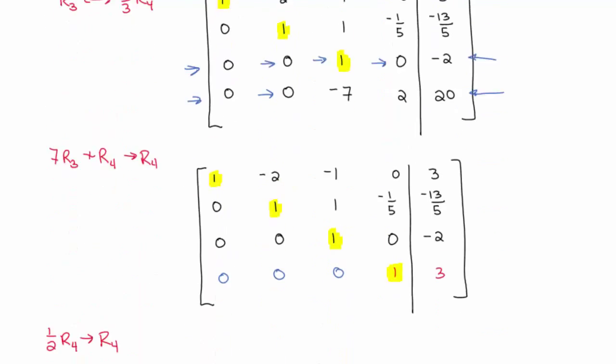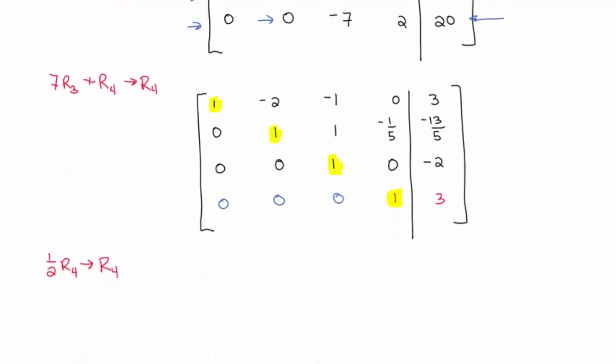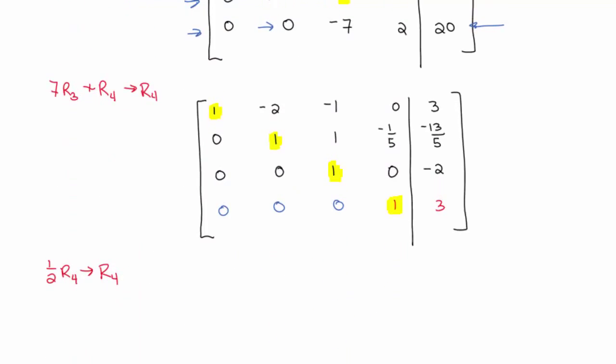And you could do this in any order, but I have a habit at this point of starting where I just ended, at this 1 that I just created, and I'm going to use that 1 to kill everything above. Luckily, there's not much to kill above. And then once I'm done there, I'll use this 1 to kill everything above. And once I'm done there, I'll use this 1 to kill everything above. All right. Seems like a lot, but it's actually not so bad. So here we go.